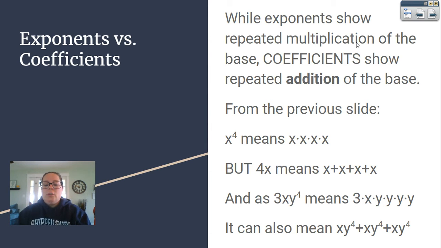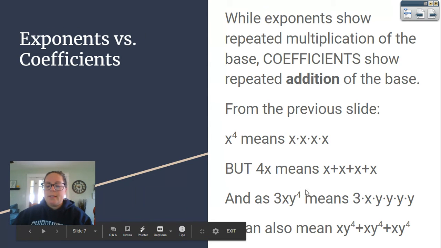Okay. Now you can actually interpret the second example from the previous slide 2 different ways. So you can either expand out the 3xy to the fourth using only multiplication, because this exponent 4 here would show you've got 4 different y's being multiplied.